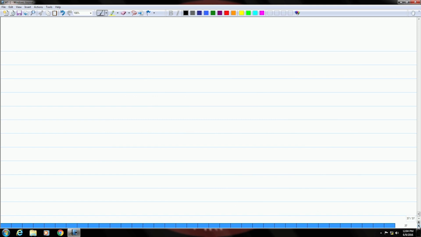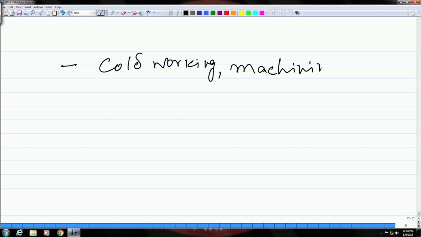Then if you have subjected the part to some kind of cold working or machining, so it has gone through some kind of plastic deformation due to these processes, and due to that the magnetic permeability can change, and you may end up with non-relevant indications because of this change.